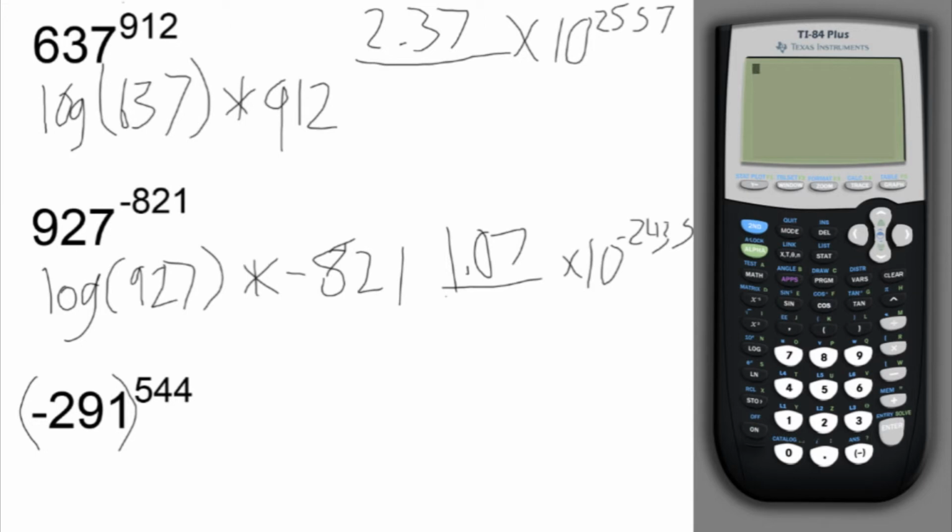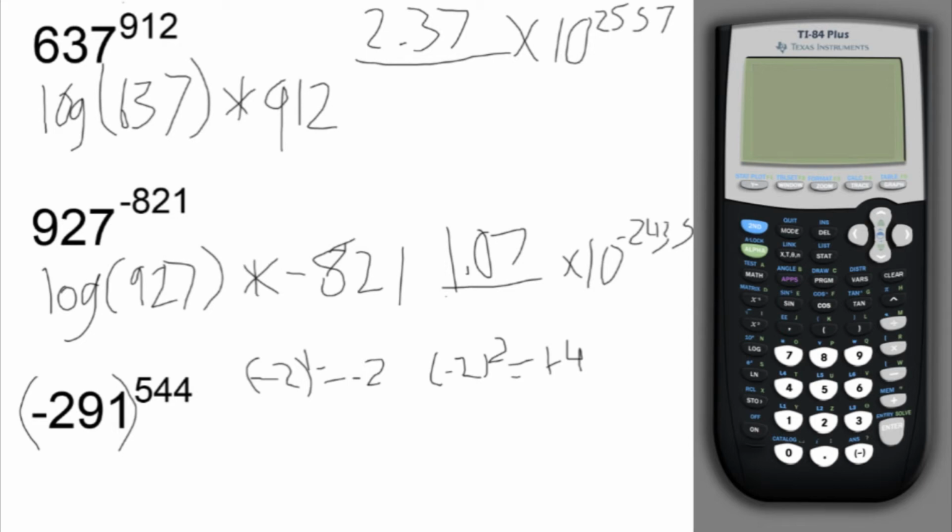Now we're going to have to think kind of logically here. So let's take negative 2 as an example, since it's a really small number that we can easily work with. If we take negative 2 to the power of 1, we get negative 2. If we take negative 2 to the power of 2, we get positive 4.